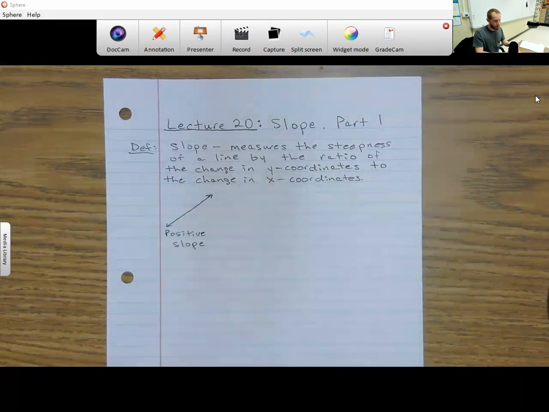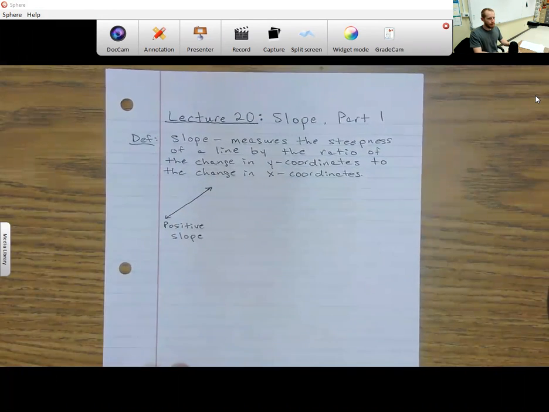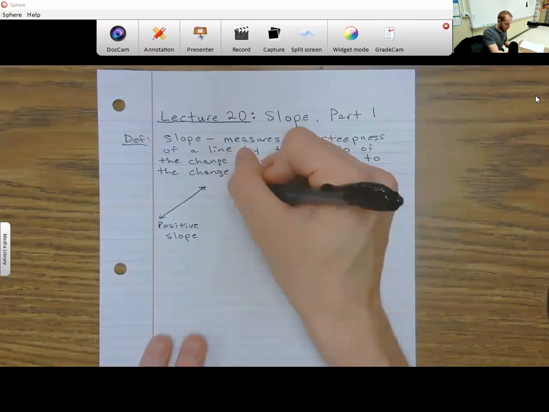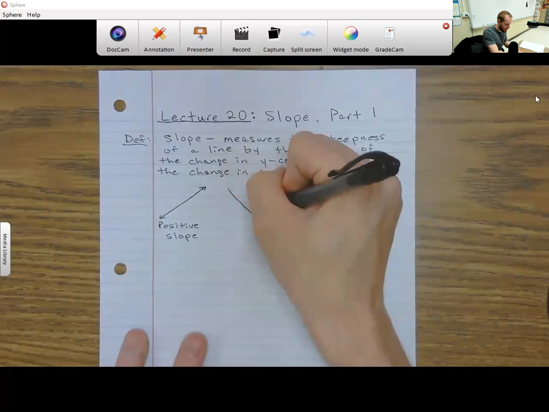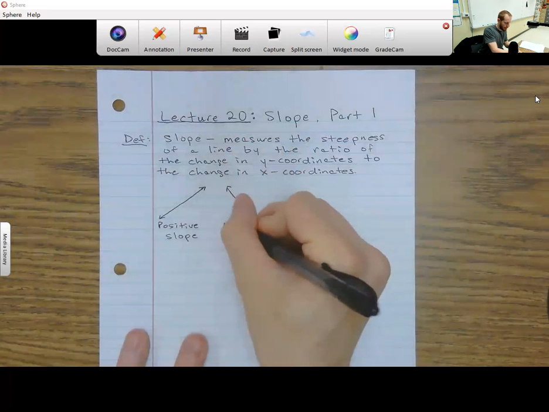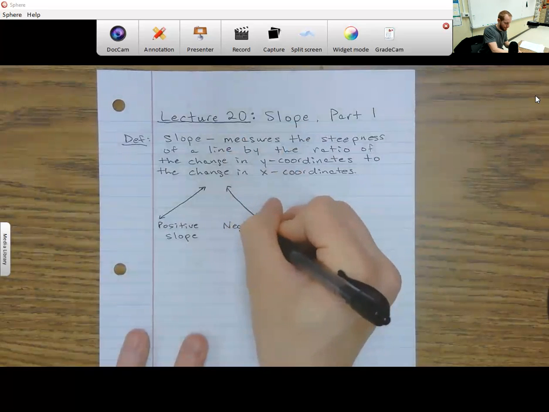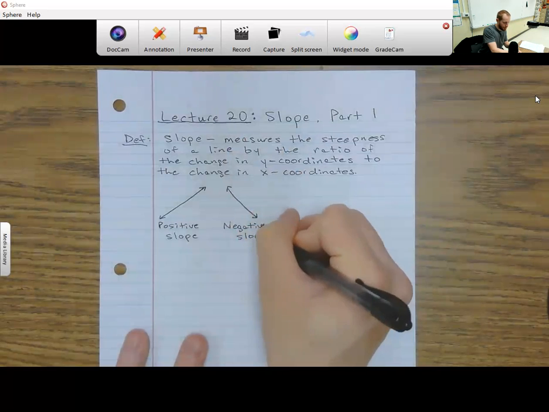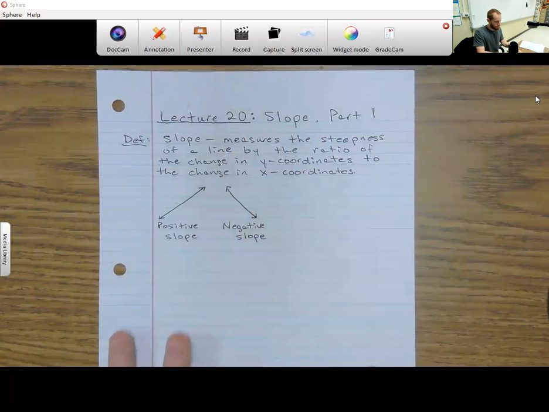And then you could have a negative slope, right? You could have a line that's going downwards as you go from left to right. And that's called a negative slope.